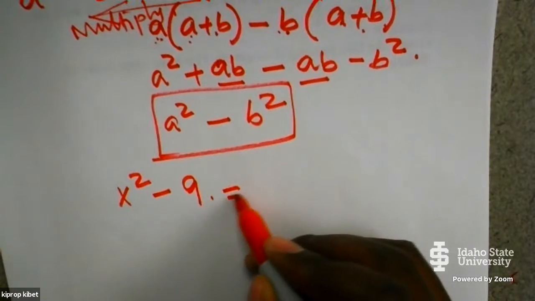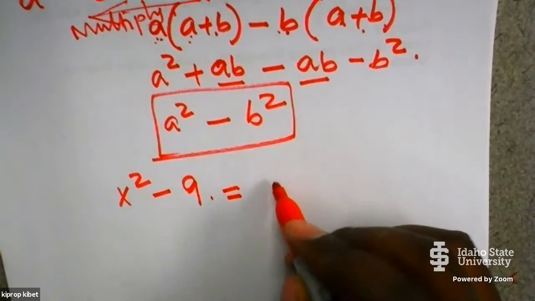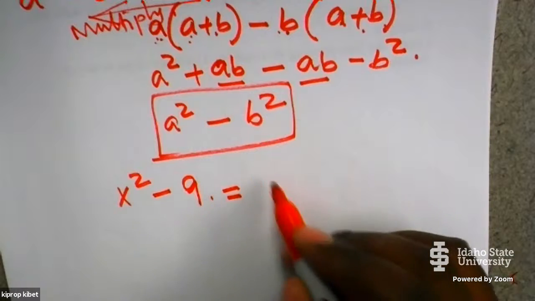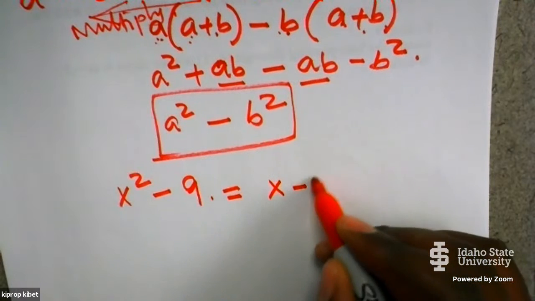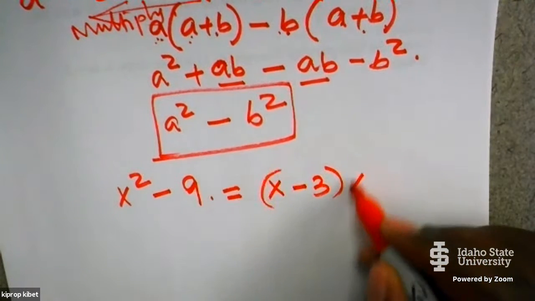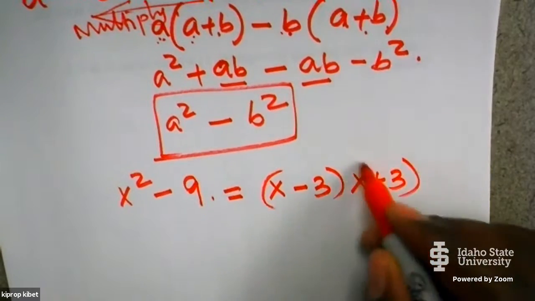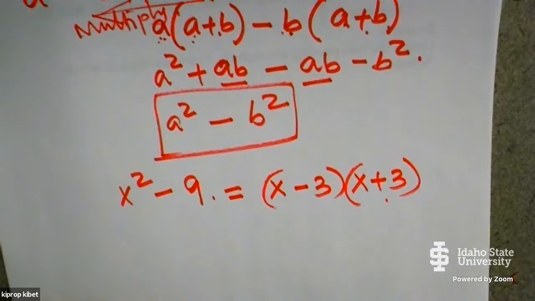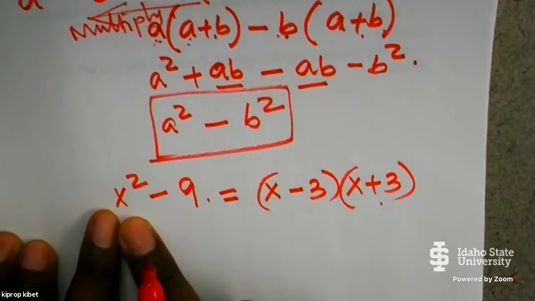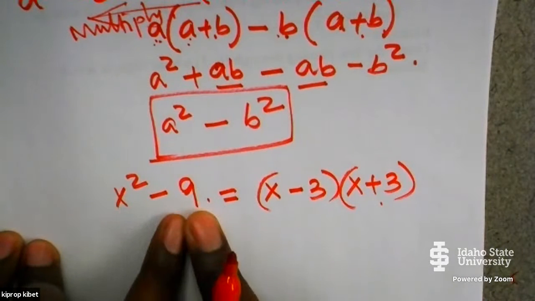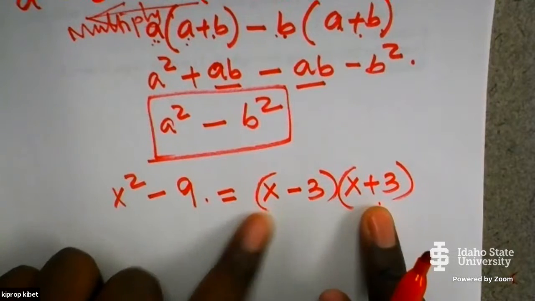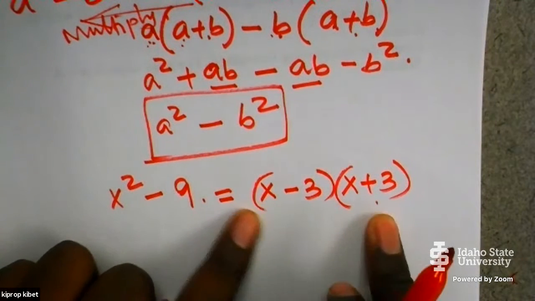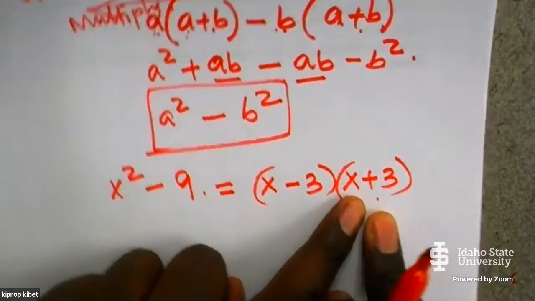So this is similar to x minus 3, x plus what? You get the square root of x squared, which is x, and the square root of 9, which is 3. So when you factor it, you get x minus 3, x plus 3.